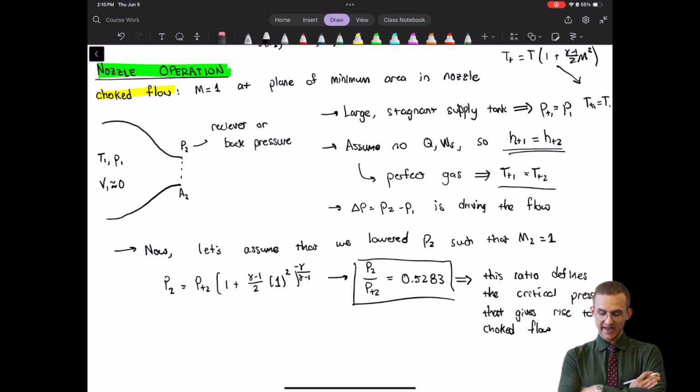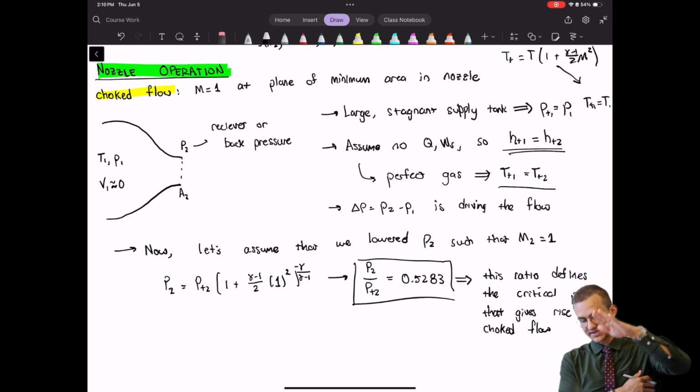You're going to compare the back pressure or the receiver pressure to the upstream stagnation pressure. Okay, because you can think of the upstream stagnation pressure as kind of the total available pressure there is to push the flow. And once you drop it to this level, the flow is choked. If you drop it lower than that, the flow remains choked, right? Why? Because as soon as the flow is choked, the upstream flow, remember, is completely blind to anything beyond the throat.